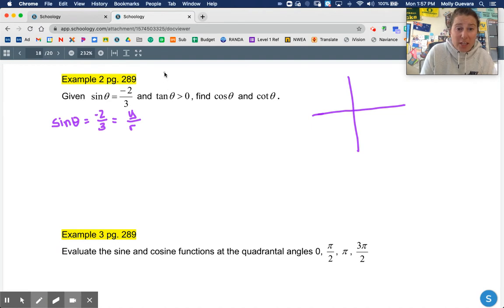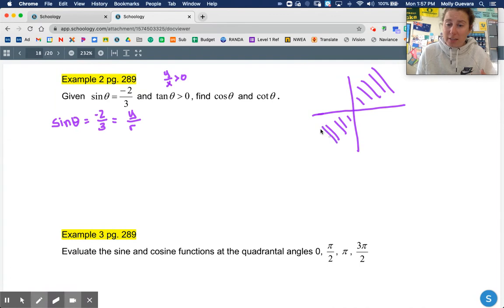I also know that tangent, which is y over x, is greater than 0. So if tangent is greater than 0, when I'm dividing y and x, they either both have to be positive, which is here, or both negative, which is here. So I know it's going to be in either quadrant 1 or quadrant 3.